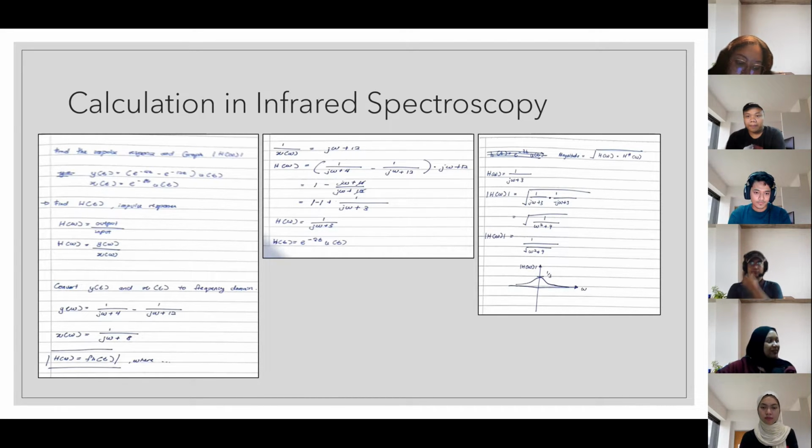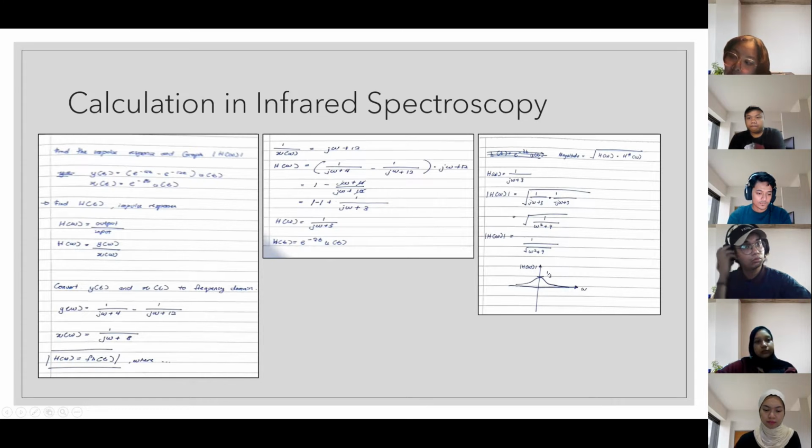omega plus 8. As we know from the Fourier table, the Fourier transform of h(t) is H(omega), where 1 over X(omega) is equal to j omega plus 12. Then we can substitute in the formulas of X and Y, and solve to get H(omega) equal to 1 over j omega plus 3.